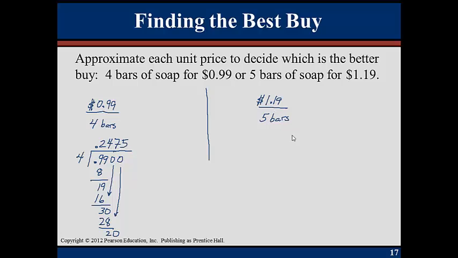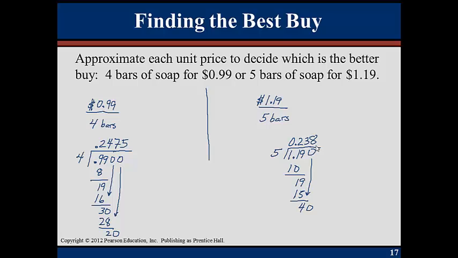And we're going to do the same thing. $1.19 divided by 5. And this one becomes 0.238.